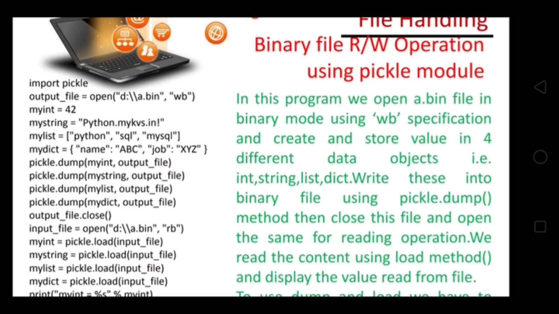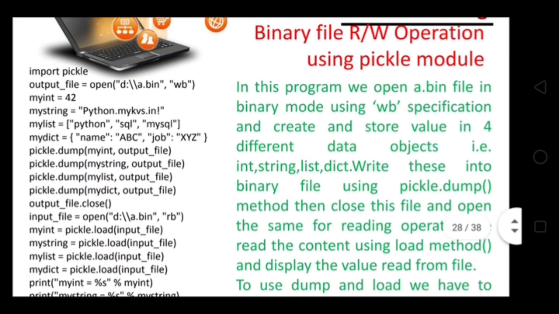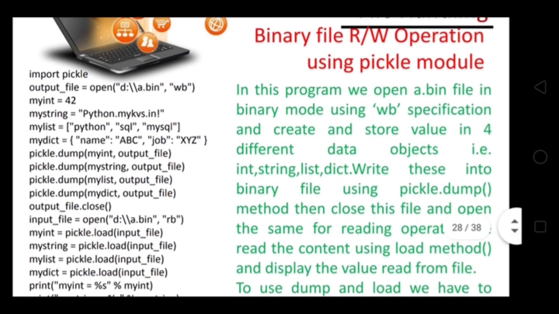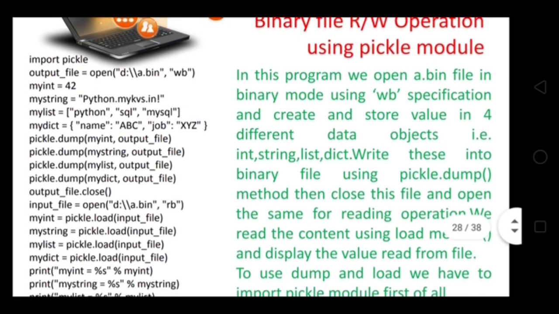I have created identifiers: my_int, which is storing the value 42, and then my_string and my_list. So I am going to write an integer, a string, a list, and dictionary values into the binary file with the help of the dump function. You can see it is very simple.